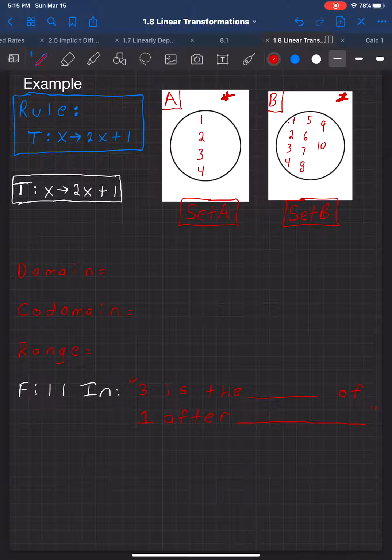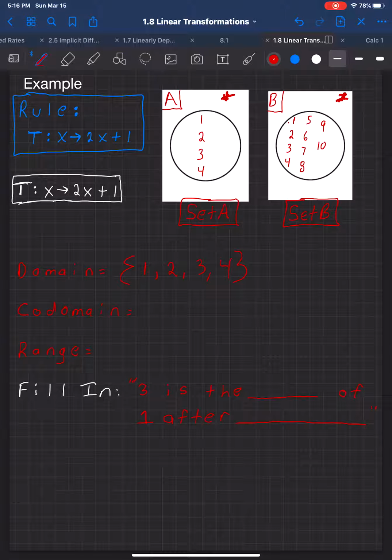So we'll forget about the rule really quickly. Let's actually answer the question of what is the domain. Well, in this case, there are only 4 elements in this set, right? The cardinality of 4. The 4 numbers would include 1, 2, 3, 4. 4 elements exist in set A.